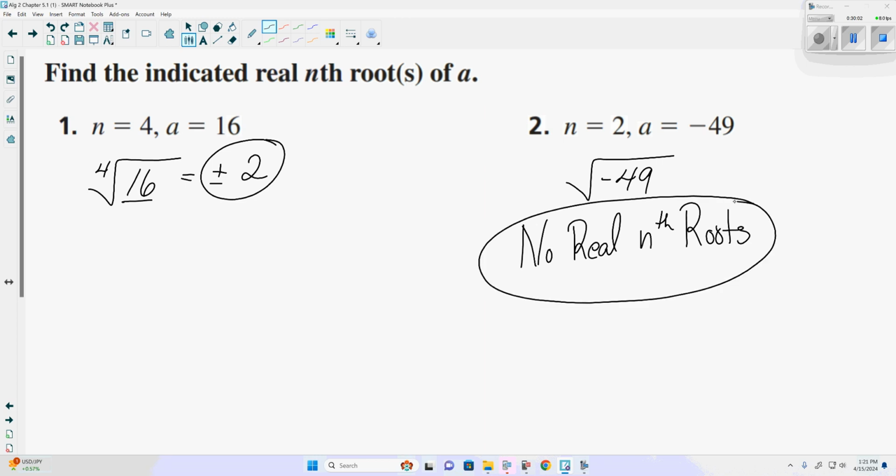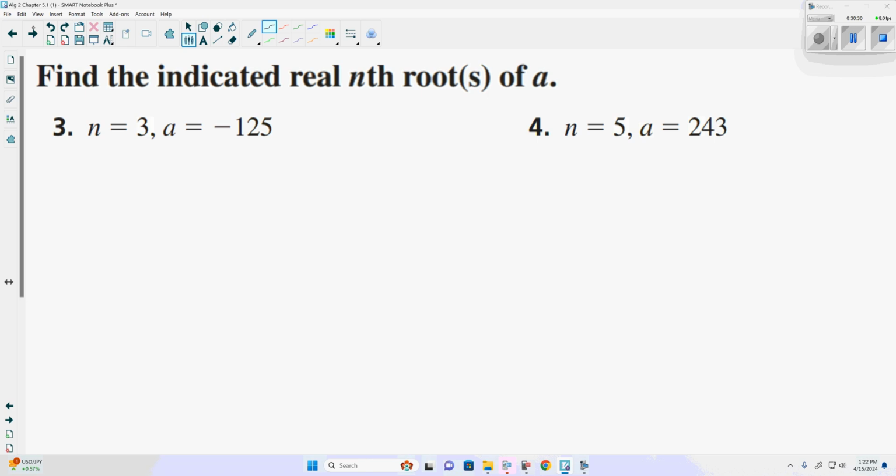Because here we're not looking for what the actual square root of negative 49 is. We want the real roots. And because there is no real root for the square root of negative 49, we just put no real nth roots. That's it. Because it would be 7i, plus or minus 7i. Since it's imaginary and it's not real, here they're just wanting the real root. We ready for the next two?